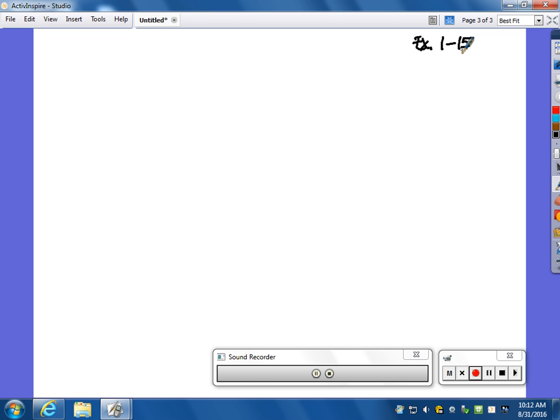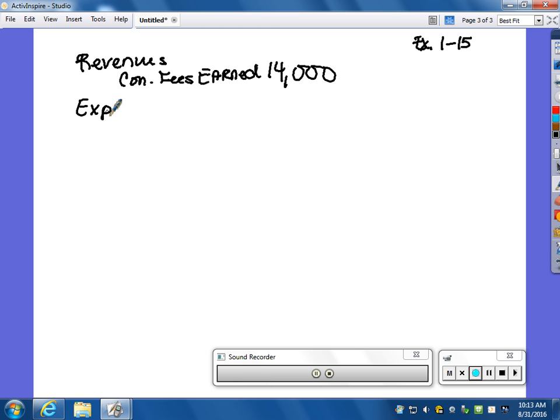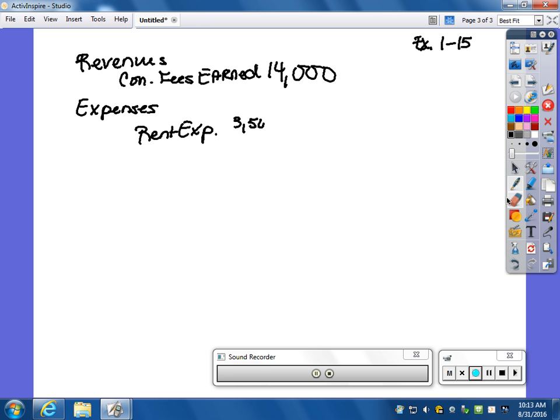So starting off with revenues, consultant fees earned, how much? What's next? Expenses. You had rent expense as the first one, how much? 3,500.